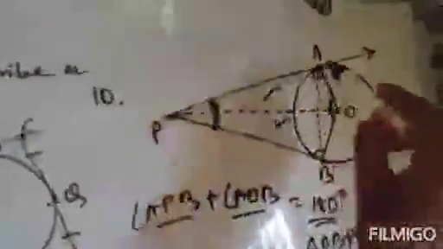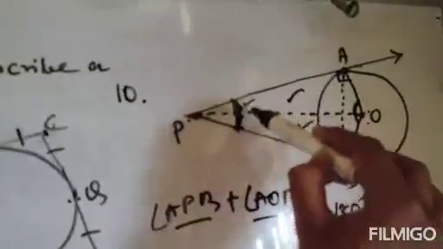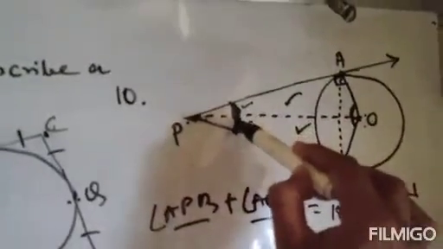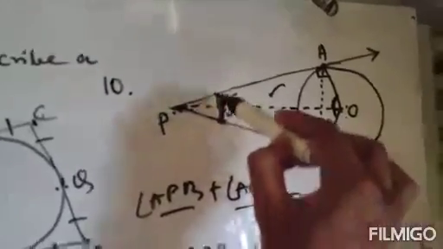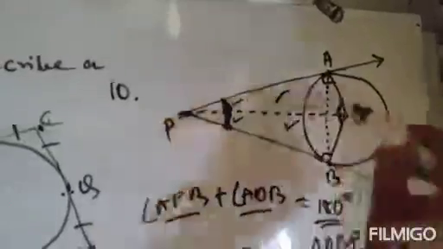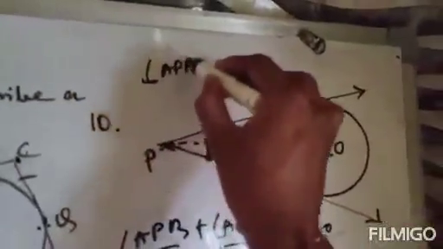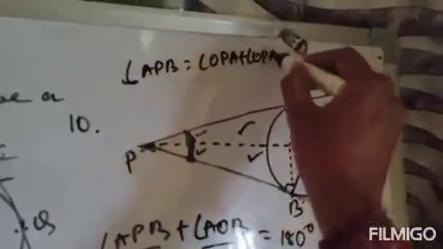Listen carefully. This angle APB, this total angle, will be equal to the sum of this small portion and this small portion. But these two small angles are equal. That means angle APB will be equal to 2 of angle OPA, because angle APB is the sum of angle OPA plus angle OPB.